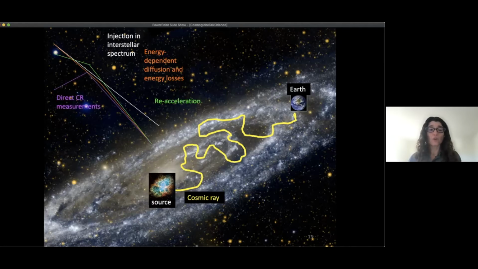And finally, close to the Earth, the solar modulation that we have seen before also affects the cosmic ray spectrum, especially the low energetic cosmic rays. And in this energy range, it's the place where the propagation parameters are actually defined.